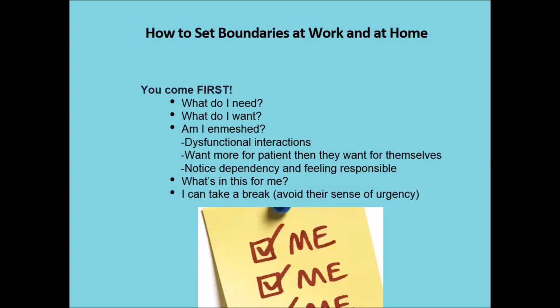Because even though the interactions are dysfunctional, even though you want more for the other people in the relationship than you can want for yourself, and you are willing to continue to sort of fuel a codependency, you justify staying in the relationship.